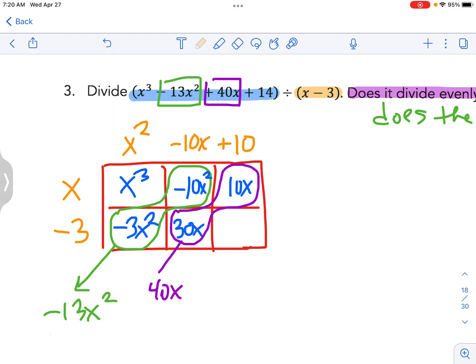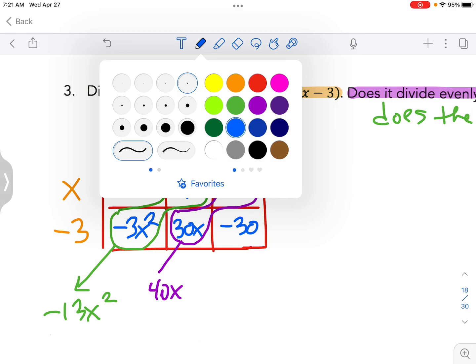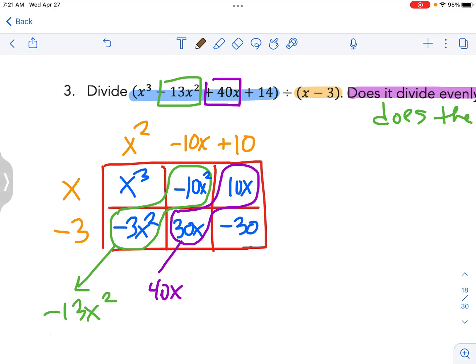And then we notice that as we complete that last box, we have 10. This has got to be a 10 to make this a 10x. So we got 10 times negative 3. That's negative 30. And that has to match our last term, and it doesn't. I'll use brown.